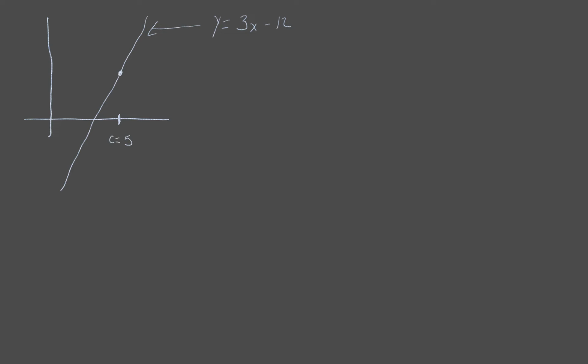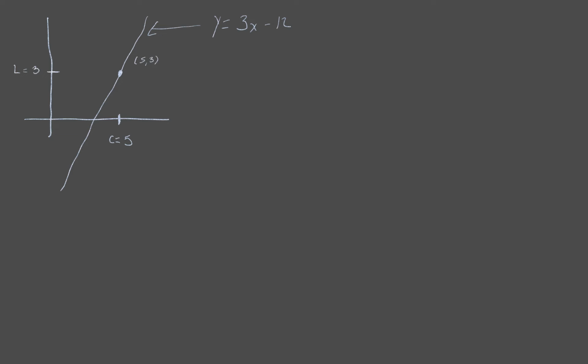So we know on this graph that when c equals 5, this should be at 3, right? This should be at the point 5, 3. And so this limit should be 3 here.